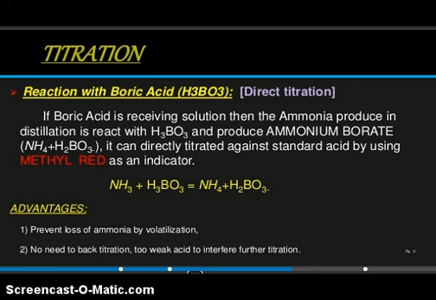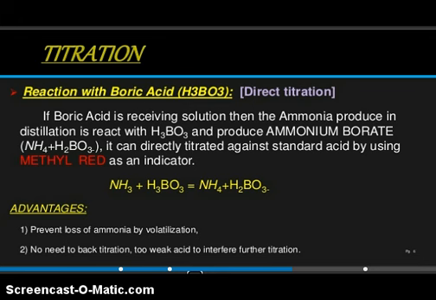Now, reaction with boric acid, H3BO3. If boric acid is the receiving solution, then ammonia produced in distillation reacts with H3BO3 and produces ammonium borate, NH4+ and H2BO3-. It can be directly titrated against a standard acid by using methyl red as an indicator.